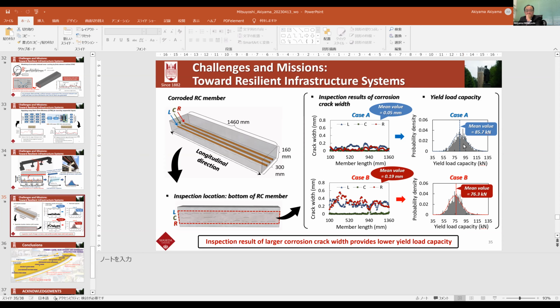Like flexural capacity ranging from 55 to 120 kilonewton, even in KSA, a specimen with a smaller corrosion crack width. So additional information can make the standard deviation smaller.